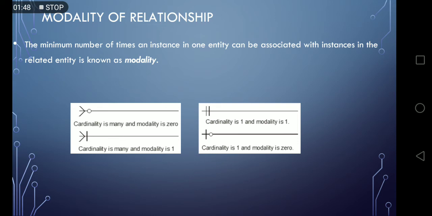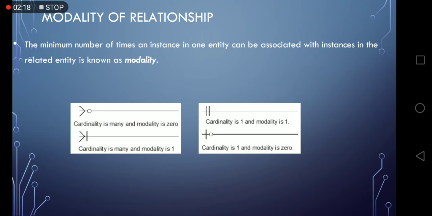If the minimum instance in one entity is 0 for an instance of another related entity, then the relationship is called optional. An optional relationship is denoted by a small circle on the relationship line after the cardinality symbol of the first entity or before the cardinality symbol of the second entity.